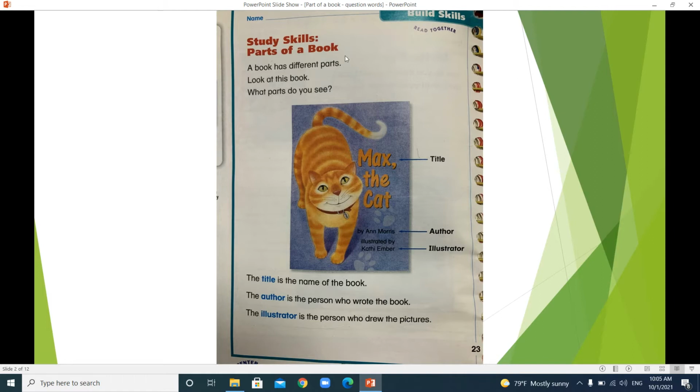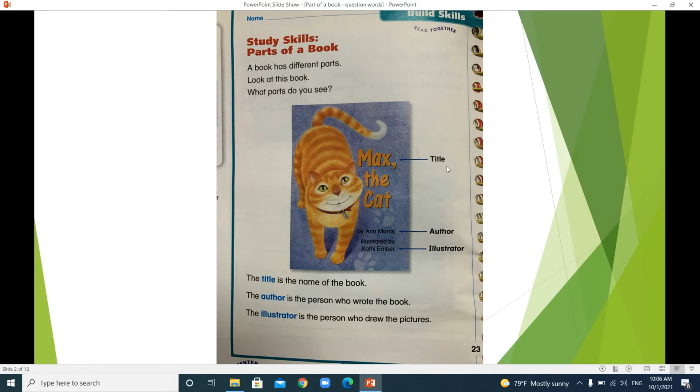On the cover of a book, as we mentioned before, the book has a title. What is the title? The title is the name of the story or the name of the book. Okay? As you see here, this is a book cover, or the cover of a storybook, and it has a title.